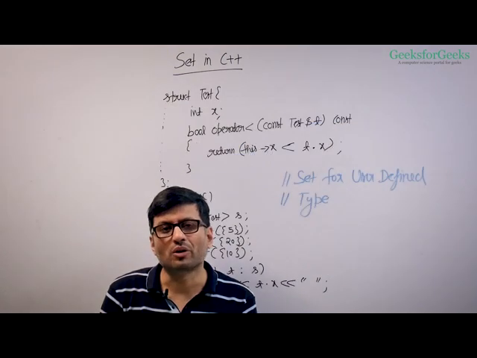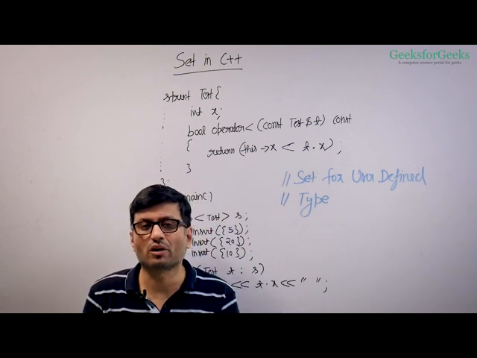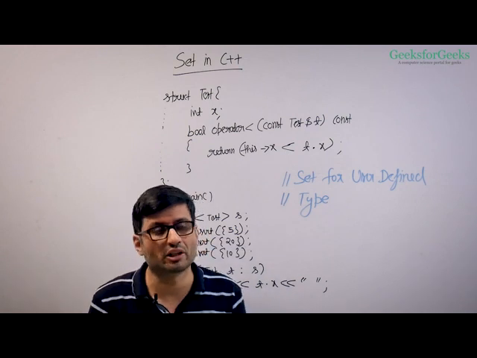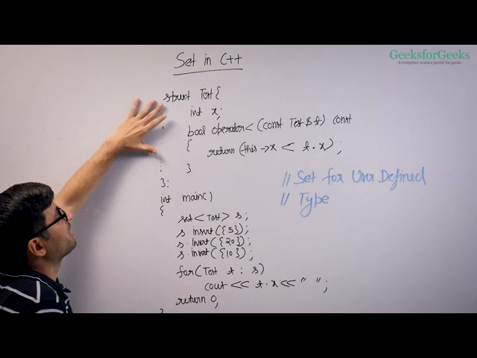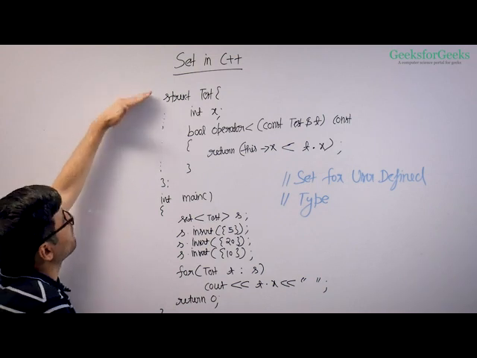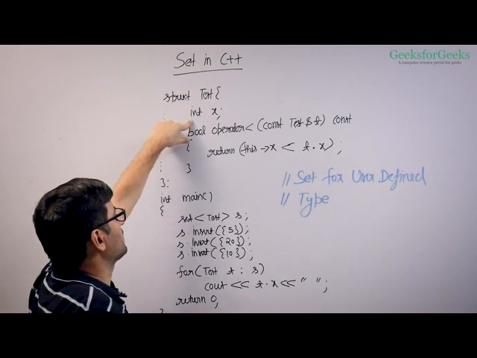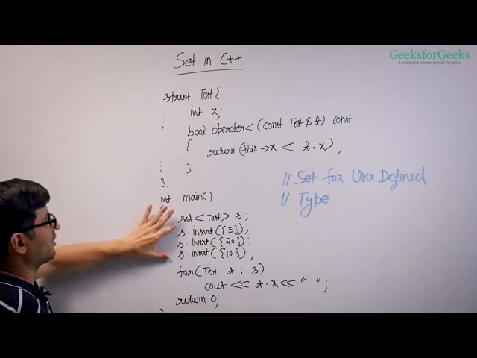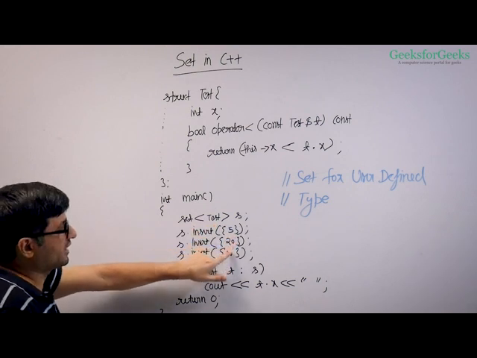Let us now talk about an example program where we use set for a user-defined data type. I have created a simple user-defined data type so that this program fits in this board. This data type has only one member X, and we create a set of this test type where we insert multiple test objects.